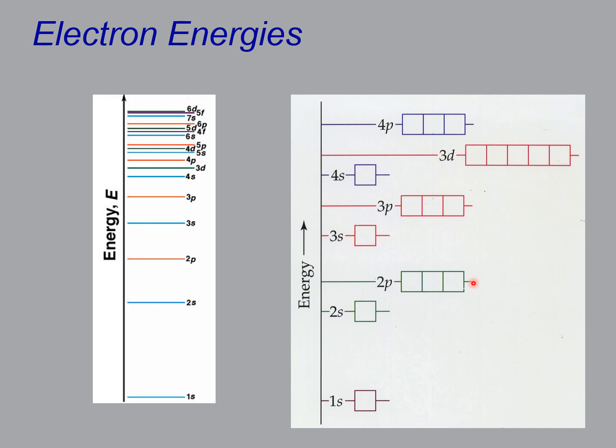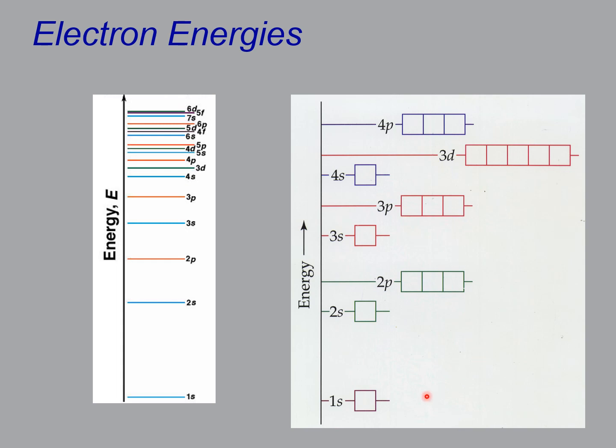So you can have up to 6 2p electrons or up to 6 3p electrons. And for d it was 10. They're not on this graphic, but for f it's 14. f states come in sets of 7, and you can have 2 electrons in each. That gives you the 14.